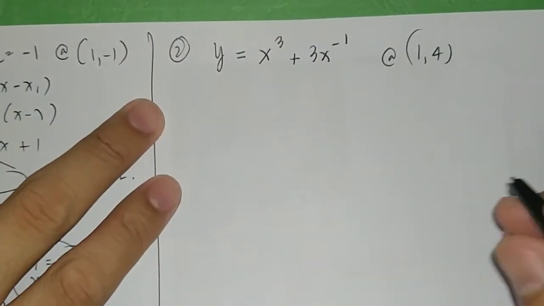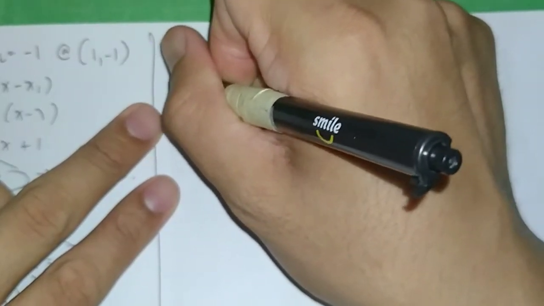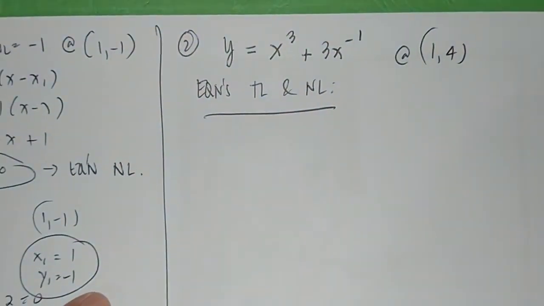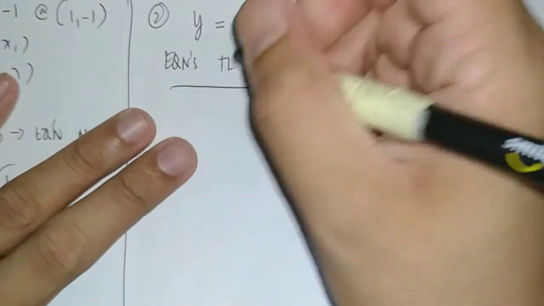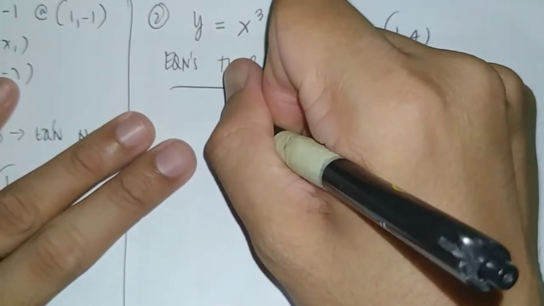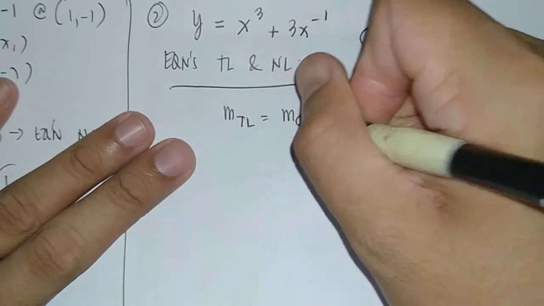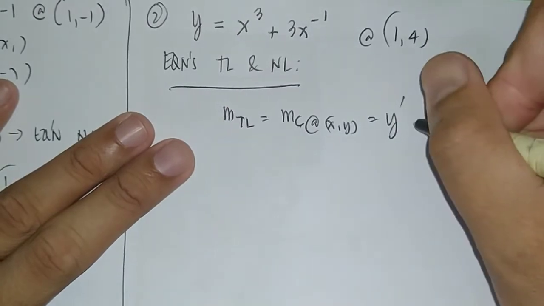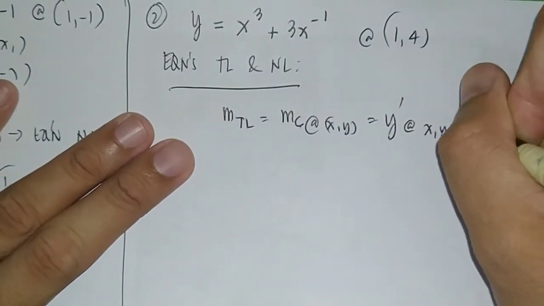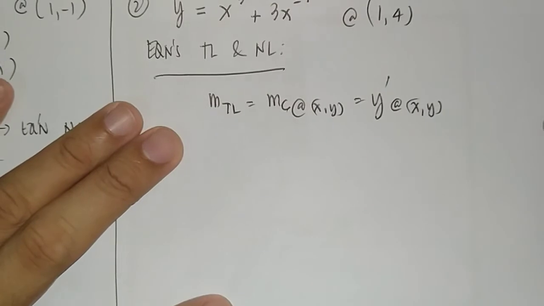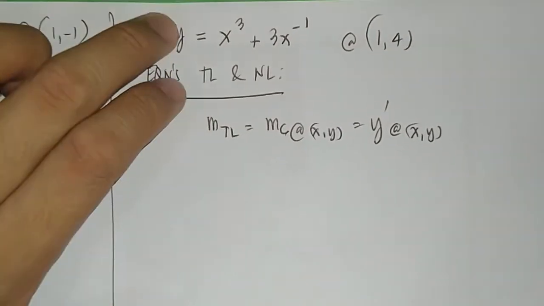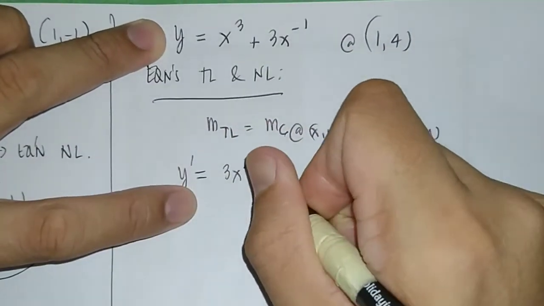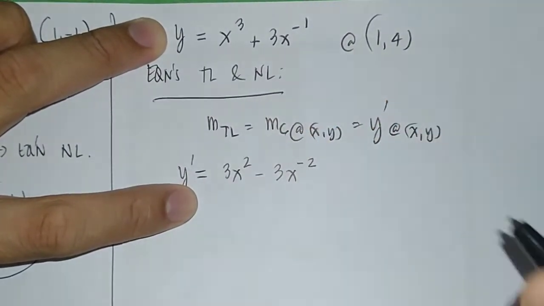So we are looking for the equations of tangent line and normal line to the curve. So tangent line. So as per discussed, the slope of the tangent line is equal to the slope of the curve at the point of tangency x comma y, which is actually the first derivative at x comma y. So I just need to get the first derivative. So first derivative y prime is equal to 3x squared minus 3x raised to negative 2.